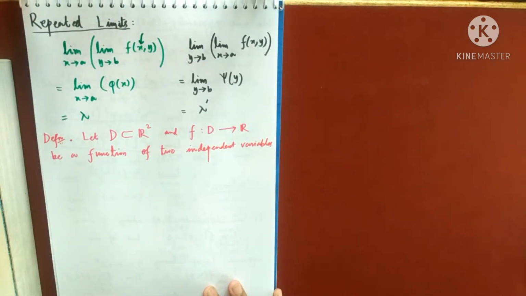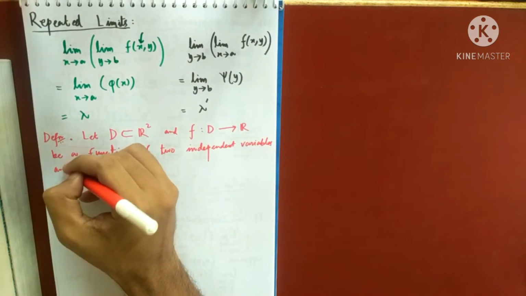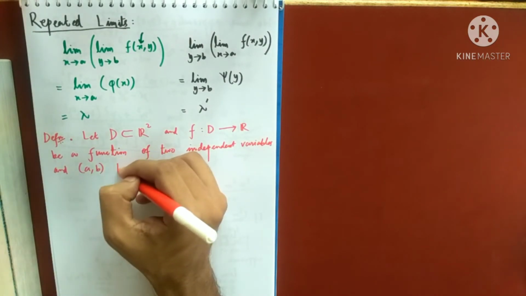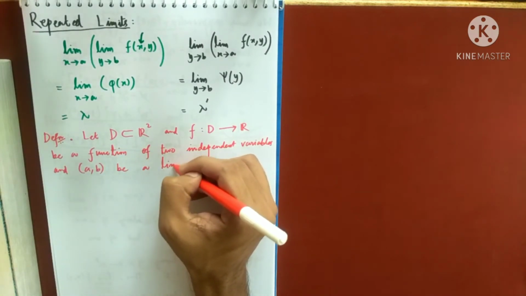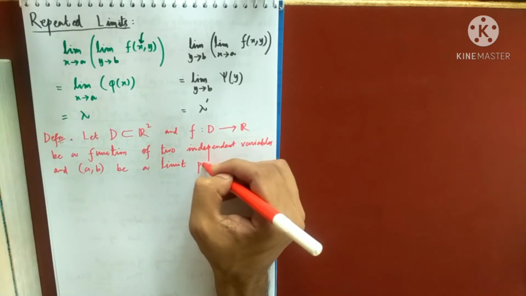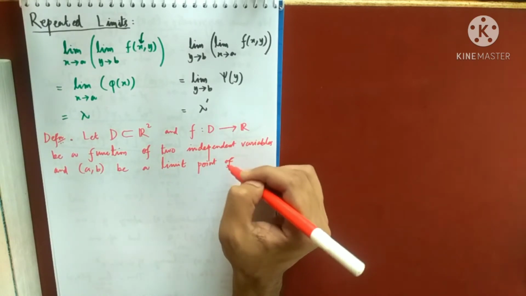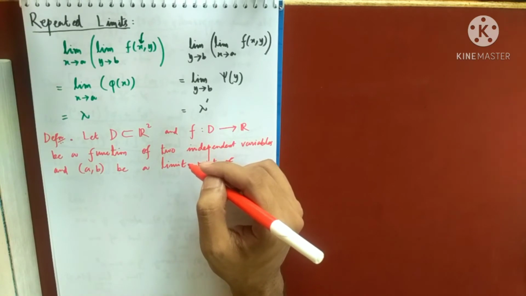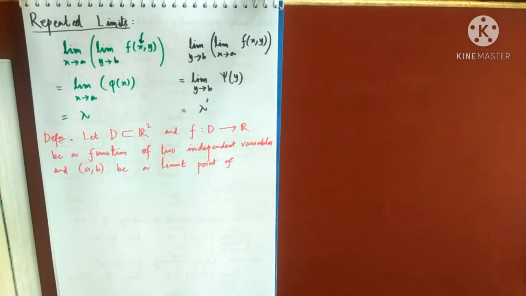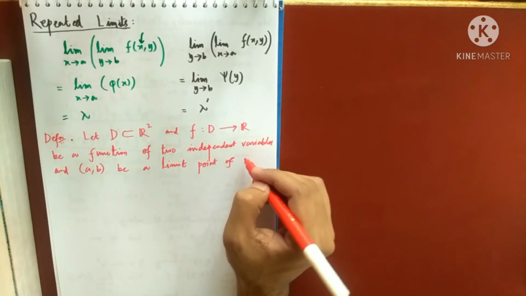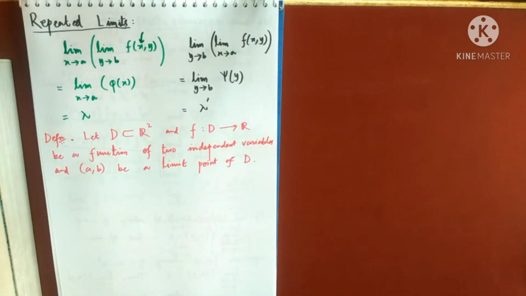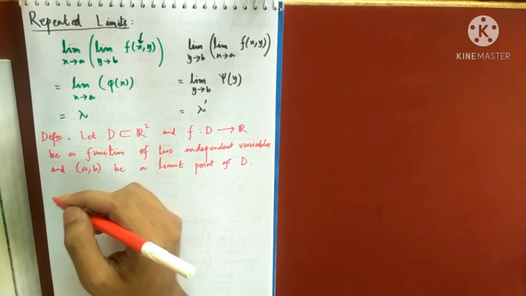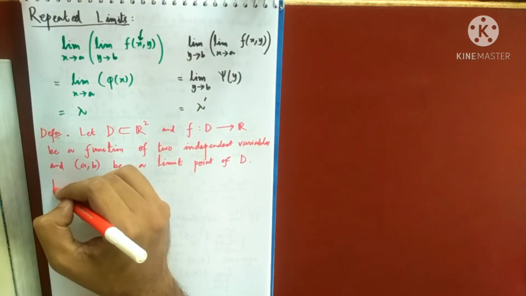And (a, b) is a limit point of the domain D. Now try to understand.